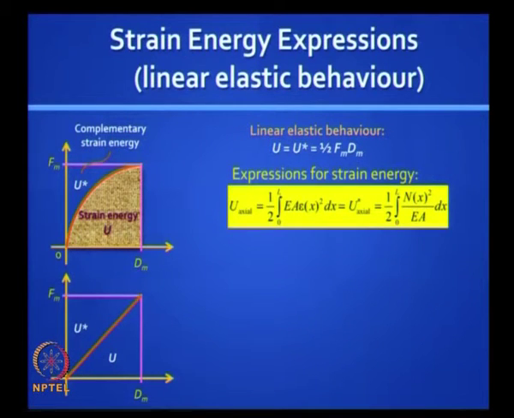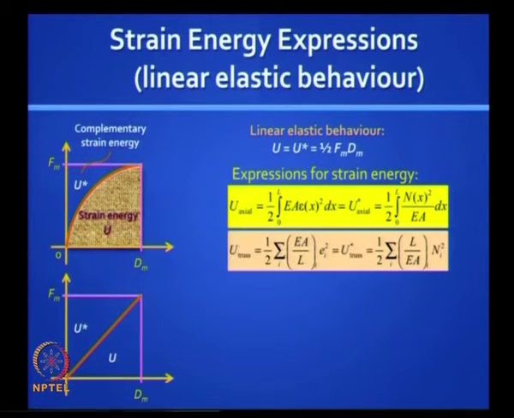So you have axial strain energy, this is the expression. You have two forms. In one form you express it in terms of the displacement or the strain, in the other form you express it in terms of the force. Both are equal, U and U star. This is the expression for a truss which is made up of many members. So you just have to add up the strain energies in all the elements, and you are familiar with this, the factor half comes.